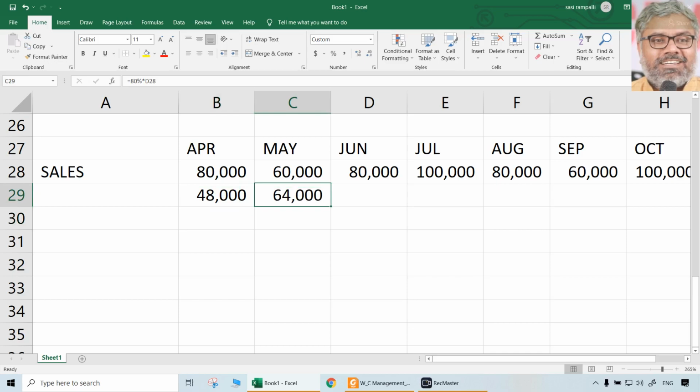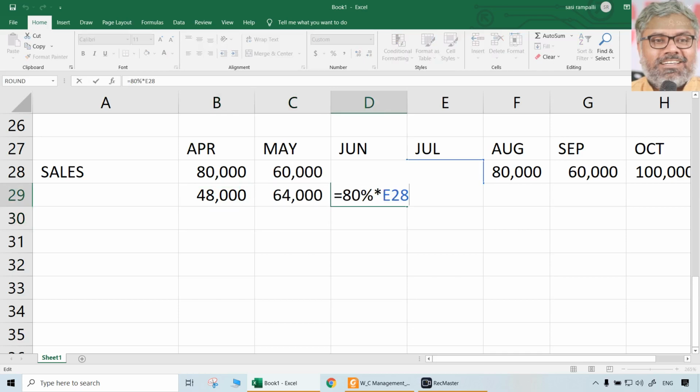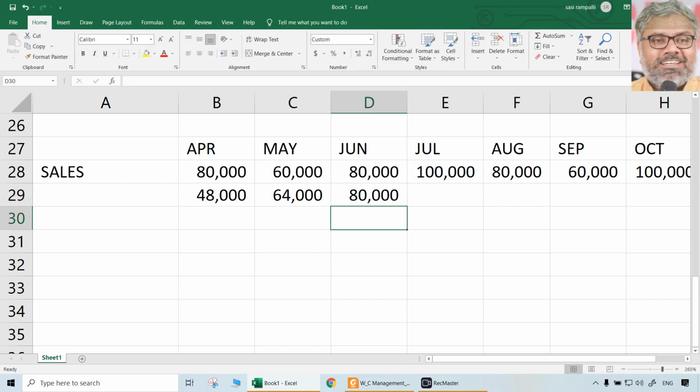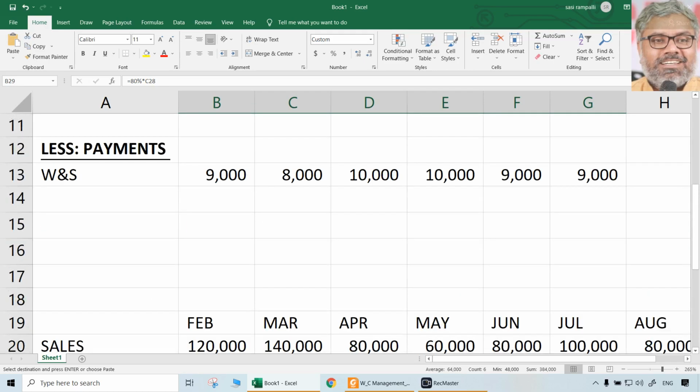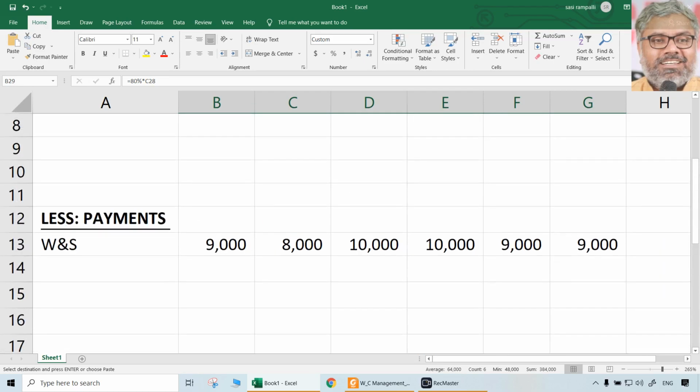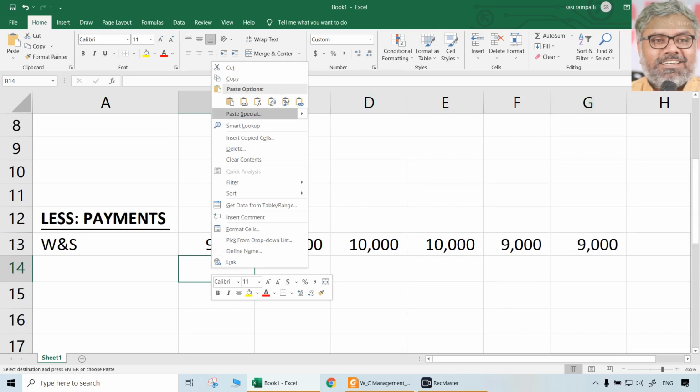Same way, 80% of June sales will be paid in May, and 80% of July sales will be paid in June. Same happens for other months also. So up to September, we have how much payment is supposed to be made. Exactly whatever is given, that only has to be taken. So this is the amount here.